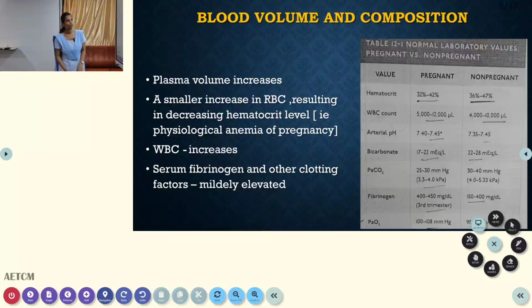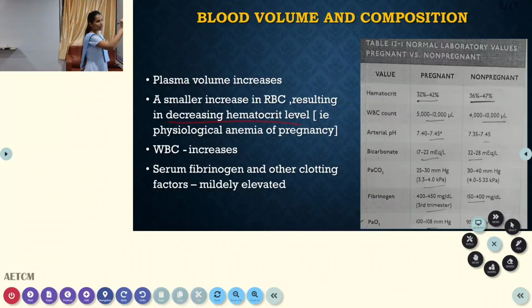Next, what are the changes in blood volume and composition? Plasma volume increases, WBC increases, and serum fibrinogen and other clotting factors also increase. There is a smaller increase in RBC, resulting in a decrease in hematocrit.